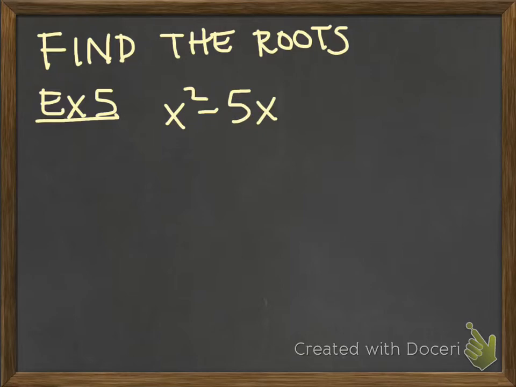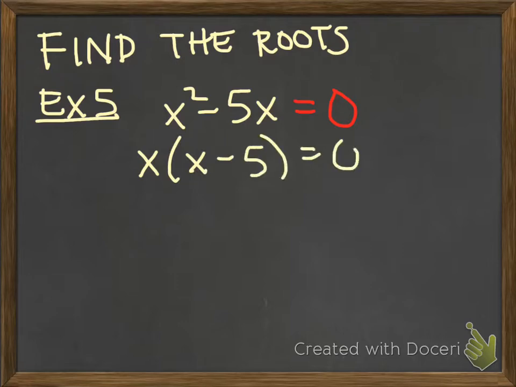When you see find the roots, you need to make that equal 0. Okay, then you have to factor it. So greatest common factor for both of these is x, and that leaves an x minus 5 equals 0. The two answers that work are x equals 0 and x equals 5.